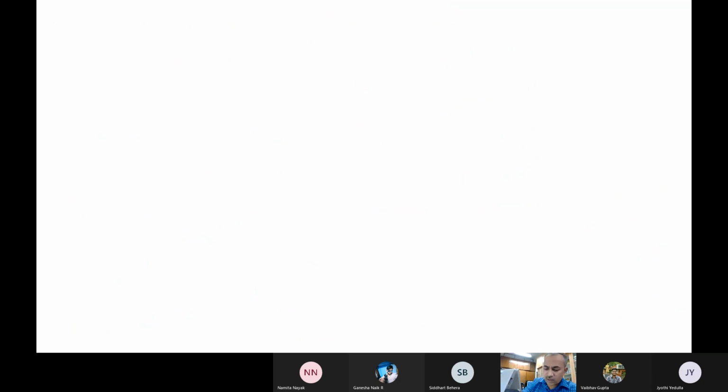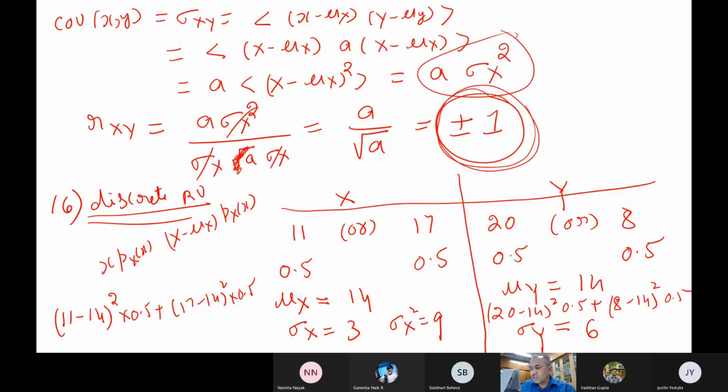Now I want to find out the covariance. How to find out covariance? Individual things are easy. Now, to find out covariance, if they are dependent, what do you have to find out? What is the first step?